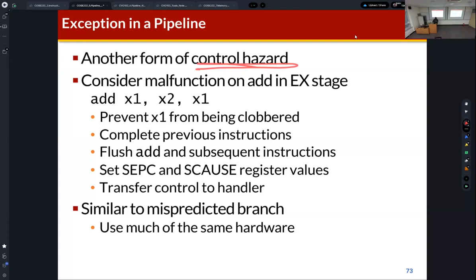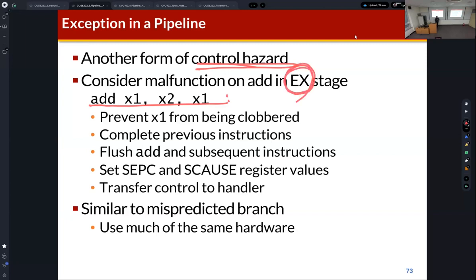Then let's see how the processor handles the exception. This is just an example. Let us assume that this instruction, add x1, x2, and x1, provokes an exception in the EX stage.